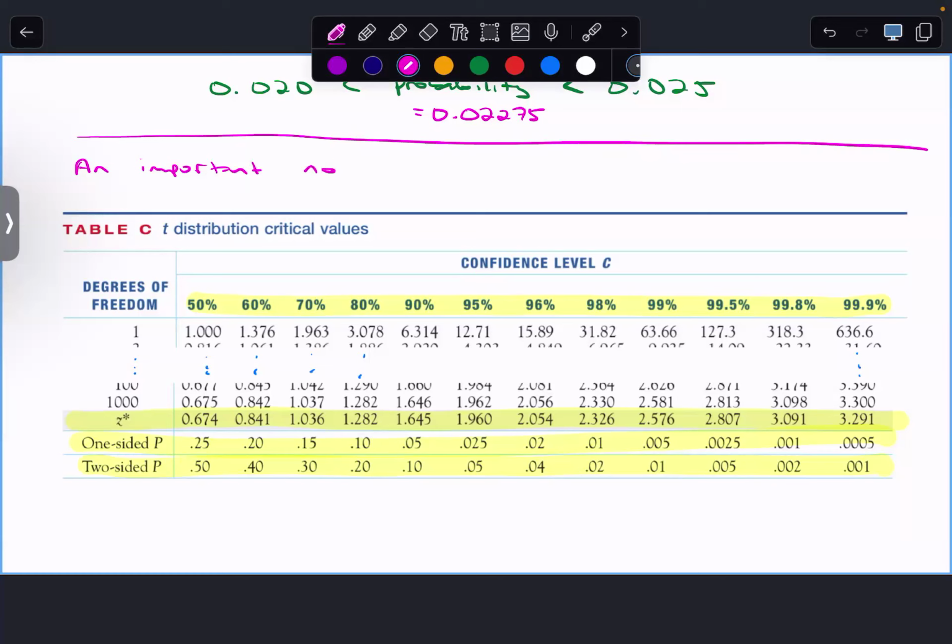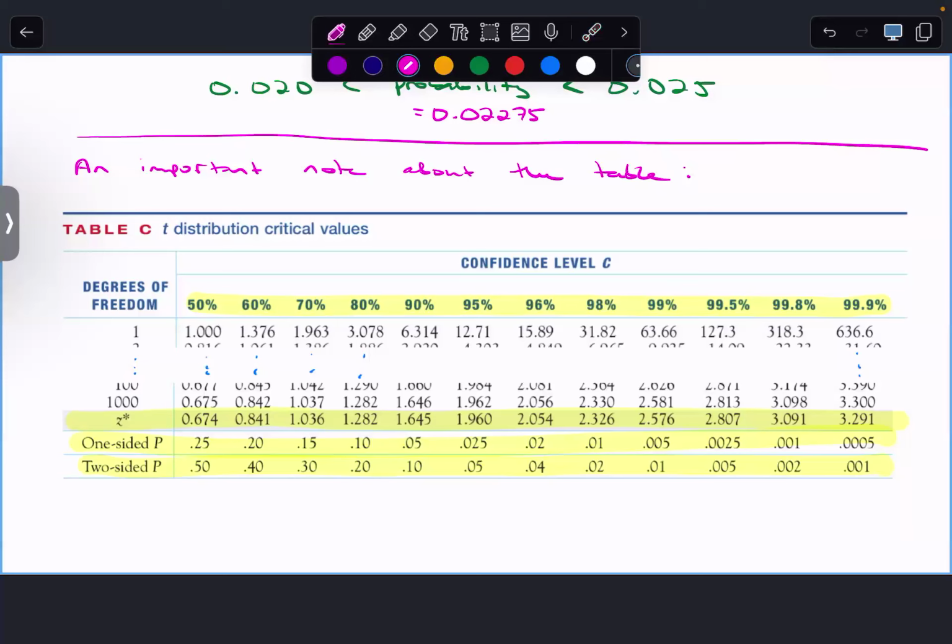An important note about the table. Sometimes we'll find Z scores that are less than 0.674. But let's remember that there's an imaginary zero here, because it's centered at 0, and so you're starting at 0.